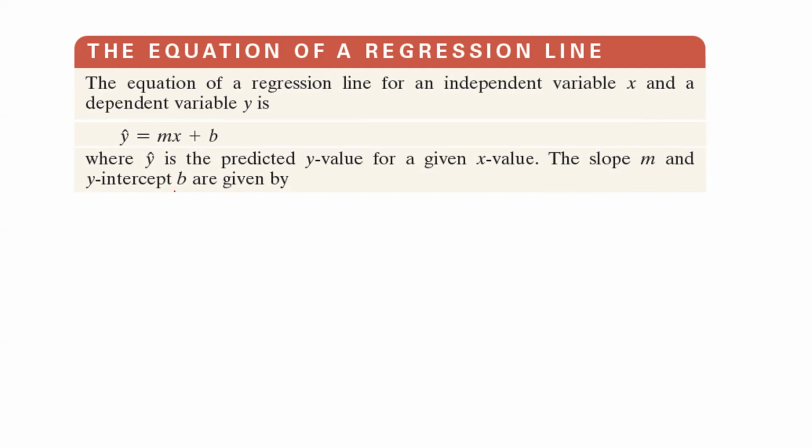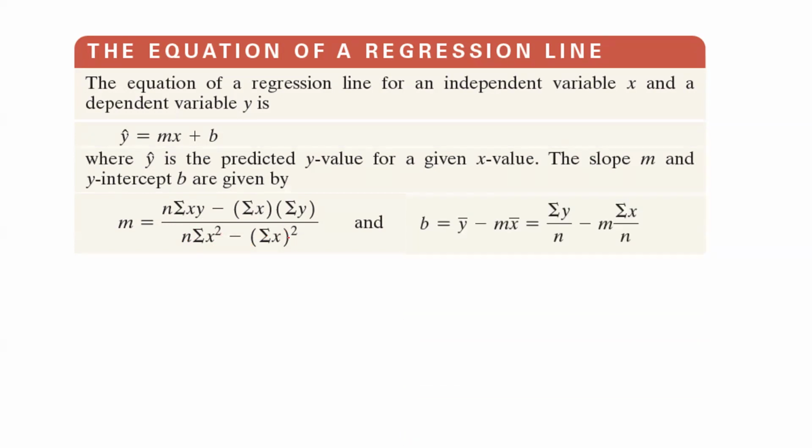The slope m and the y-intercept b can be calculated this way. m is n times the summation of x times y minus the summation of x times the summation of y, divided by n times the summation of x squared minus the summation of x, to the second power. And then to find the y-intercept, b is equal to y bar minus m times x bar.